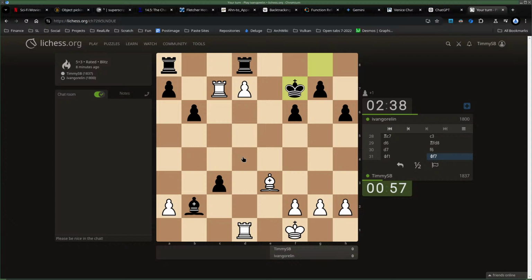Do push, take, defend it. I think I can do it. Trying to take this pawn, which is a pretty nasty pawn. And then back in time to save the day here. Not entirely sure though.